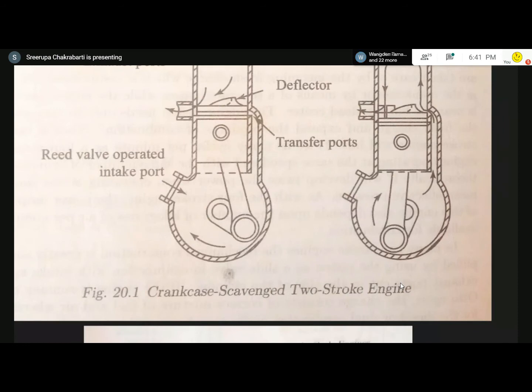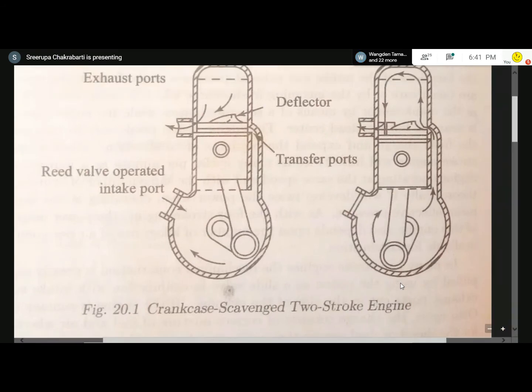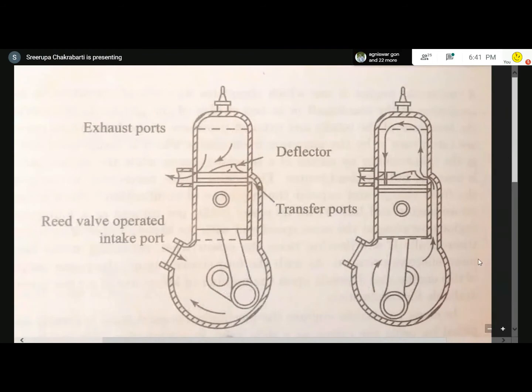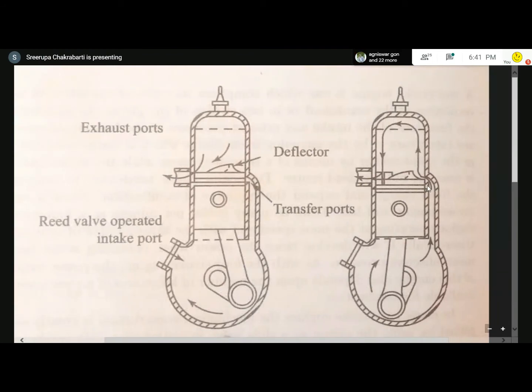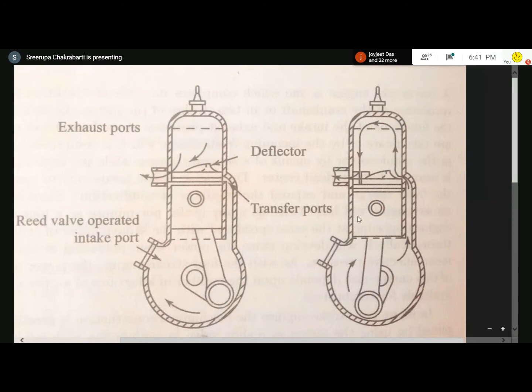Sir, can you please explain the function of deflector? Yeah, function of deflector is basically, you see, when the piston is coming downward, now it pressurizes this crankcase gas, and then the crankcase gas moves up and up and up, but it cannot enter until and unless this port is open.